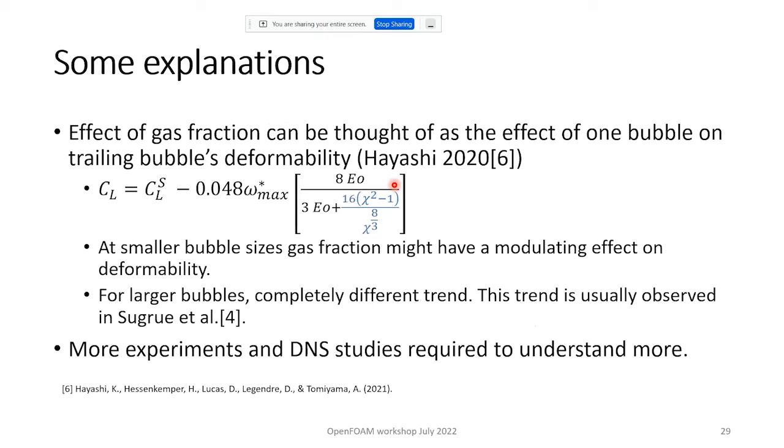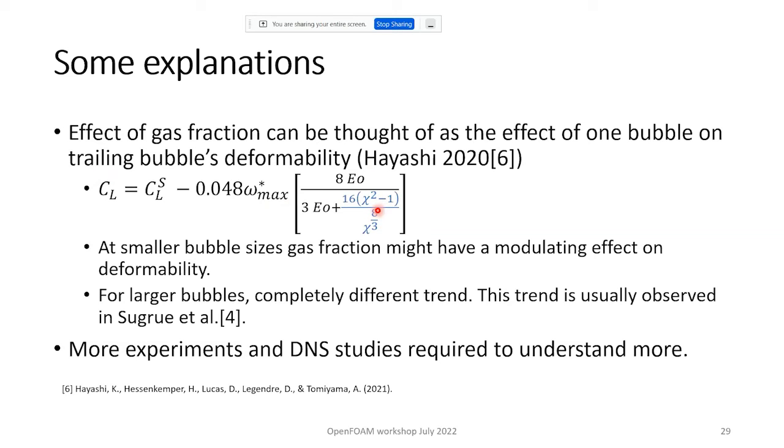This is something I have not figured out yet, but I tried to find some trends which could tell why it depends on omega and alpha G, which is the gas fraction, that is the bubble fraction. I found a relation of CL versus omega max, which is the maximum vorticity, and a function of the terms, with the deformability in blue. That's just the deformability of the bubble.